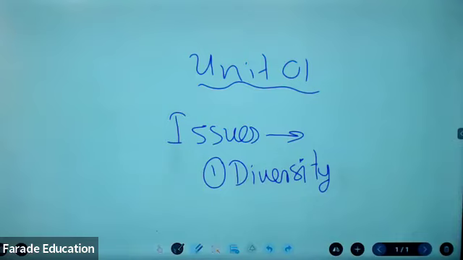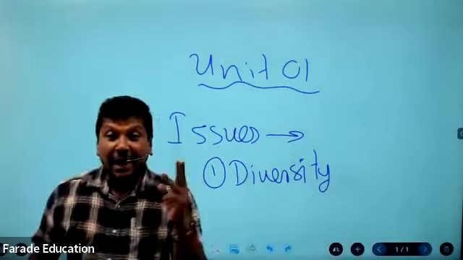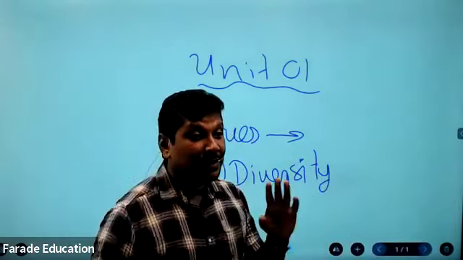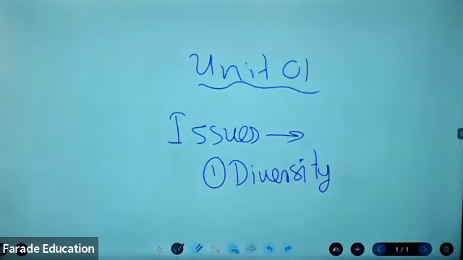I hope all the online guys can hear me. So we were talking about three types of diversities. What are those? Species diversity, genetic diversity, ecosystem diversity.